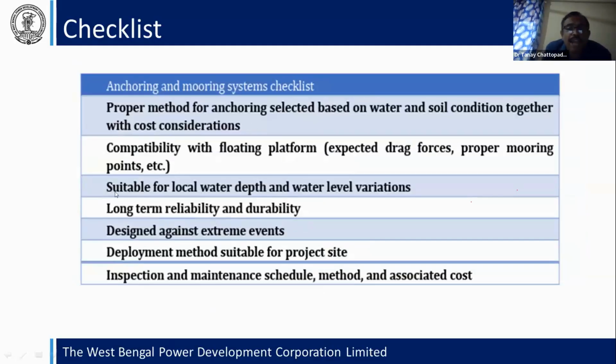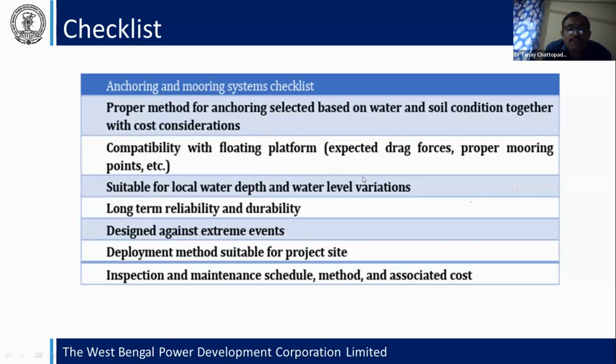And also for the mooring system, what is the soil condition? A soil test is required, and by the soil testing you get the considered duration.